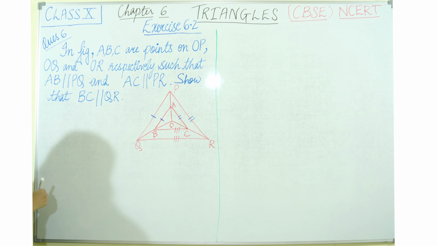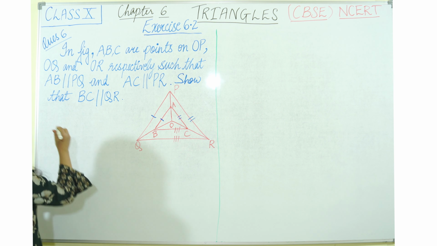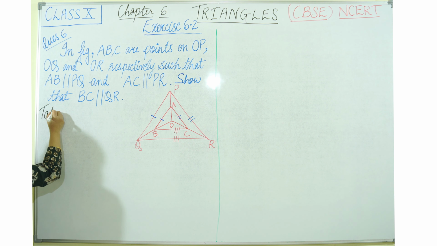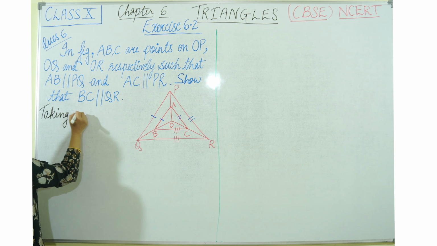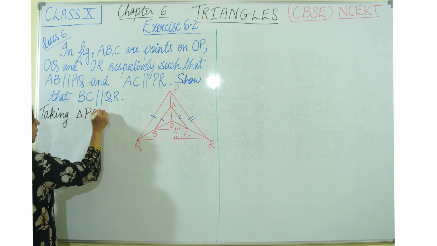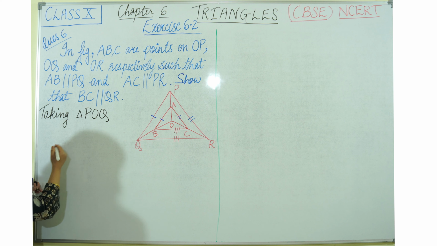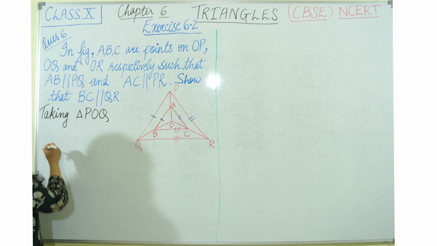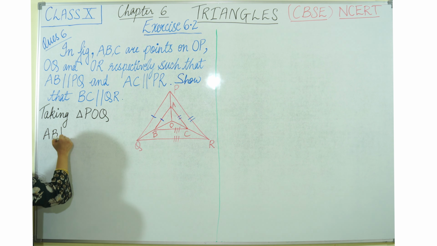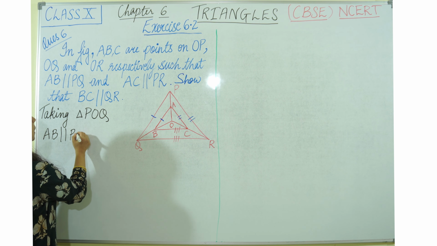So let us write down, taking triangle POQ, the condition given to us here is AB is parallel to PQ.